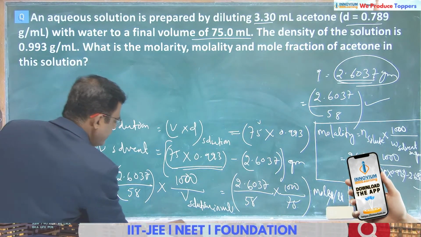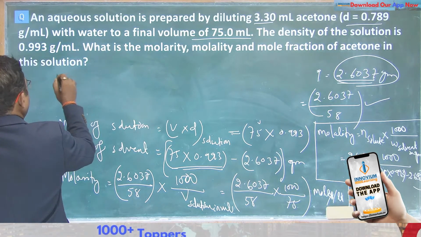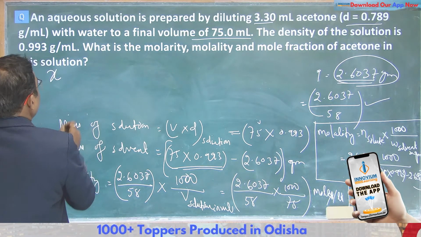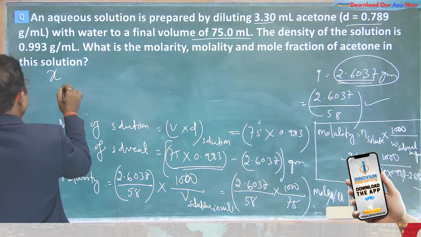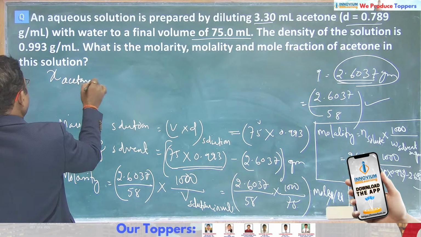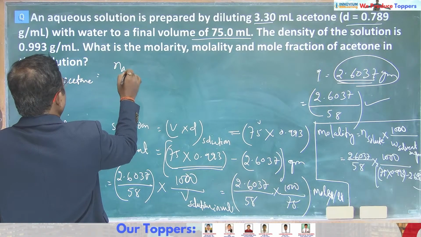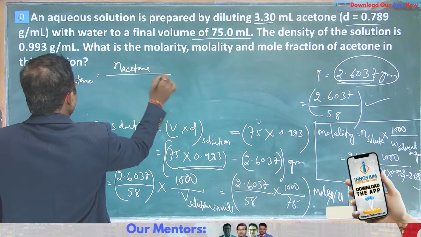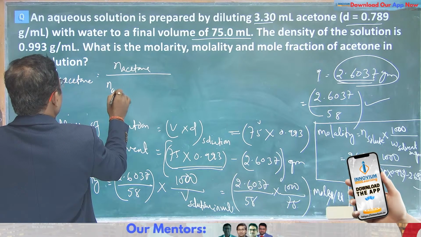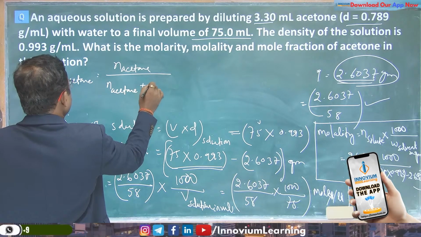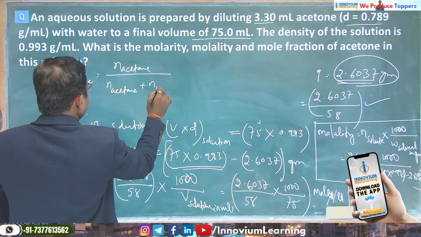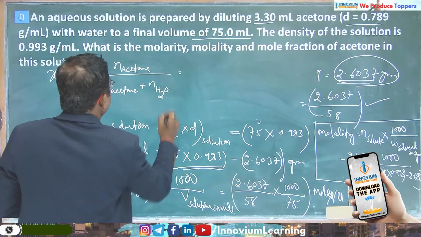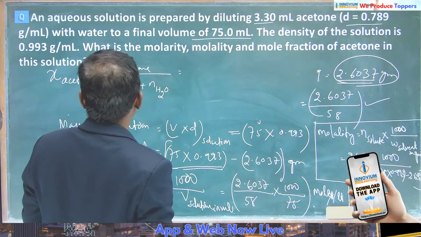So you see, mole fraction of acetone is equal to the number of moles of acetone by the number of moles of acetone plus the number of moles of solvent. What is the solvent? Solvent is water, correct?